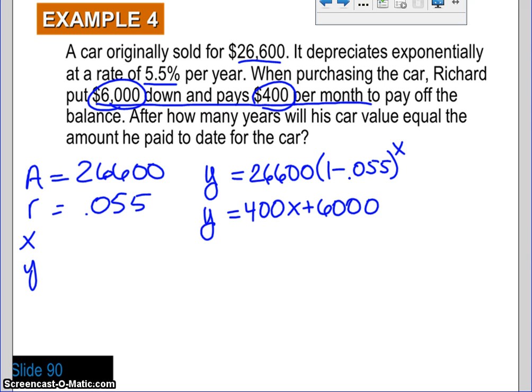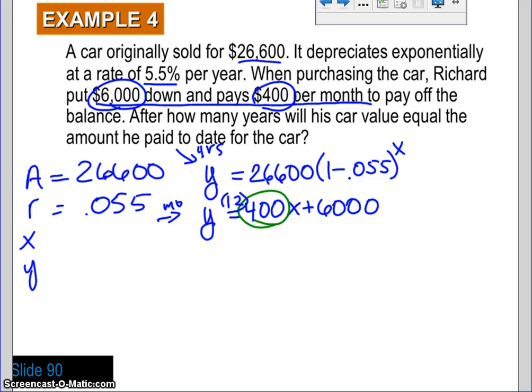Now there's one problem here, and that is this one is working in terms of years, whereas this one is working in terms of months. And we can't compare, again, apples to oranges. So what we're going to need to do is take that 400 and multiply it by 12, so that we can get both of them in terms of a year.